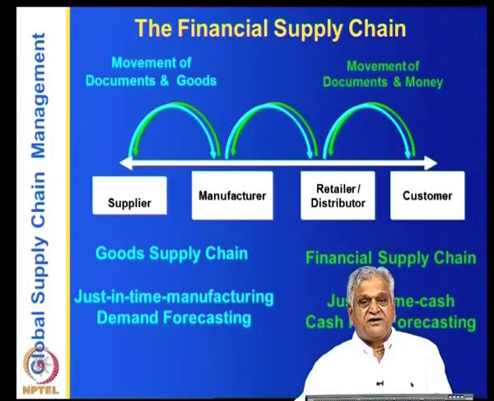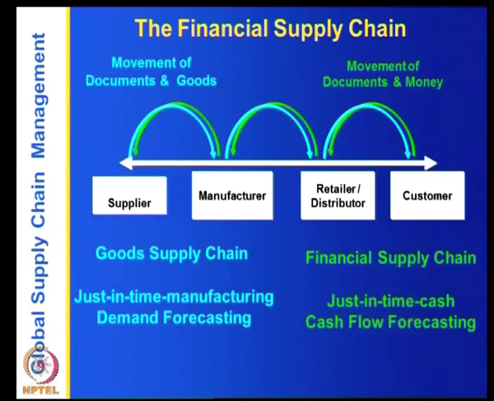On the other hand, the financial supply chain goes in the reverse direction. You know, it is the supplier who puts the money in first, but when does he get the money back? He gets it back after three months. But when the retailer sells to the customer, he gets the money first, and it moves backward, retailer to manufacturer and manufacturer to the suppliers and so on.